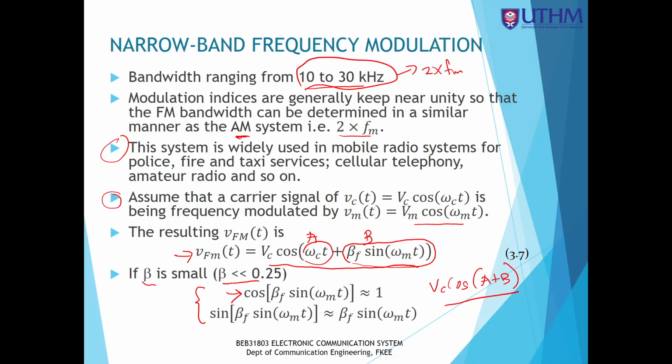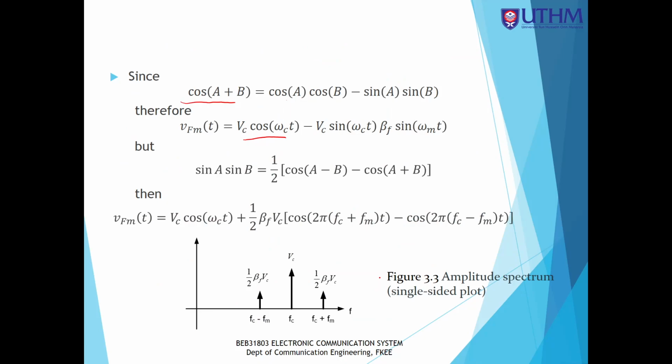So cos B is approximately equal to 1 if beta_f is small. This is the approximation that they have made. Therefore, this is multiplied with 1.